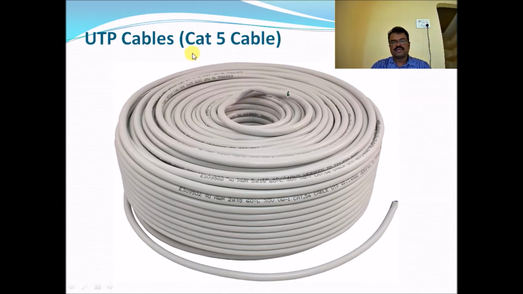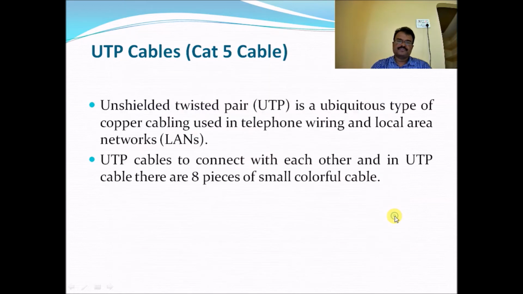This is also called Cat5 cable. It comes in the form of a bundle. Here we can also see Cat5e cable UTP, and whatever length is required, we have to cut accordingly and prepare the cabling, either straight through cabling or crossover cabling.